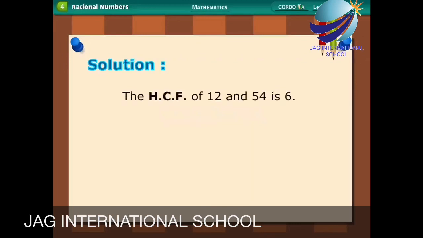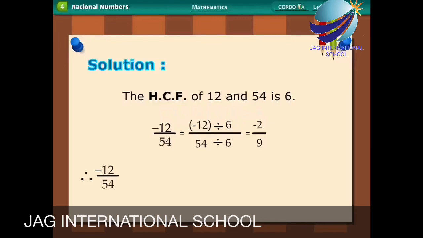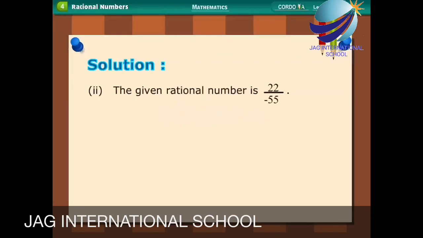The HCF of 12 and 54 is 6. -12 upon 54 is equal to -12 divided by 6 upon 54 divided by 6, which is equal to -2 upon 9. Therefore, -12 upon 54 in standard form can be written as -2 upon 9. The given rational number is 22 upon -55.